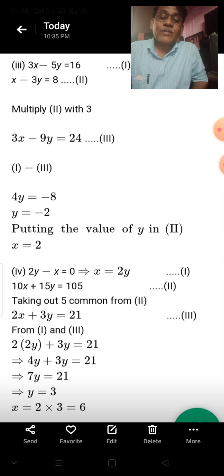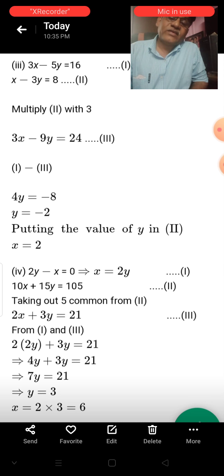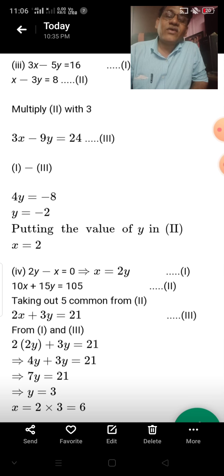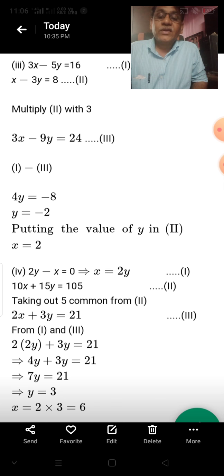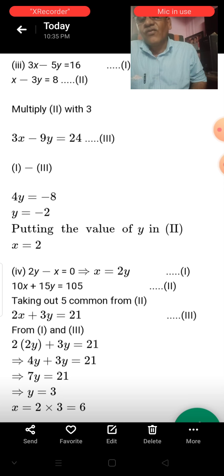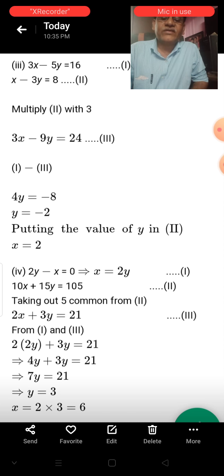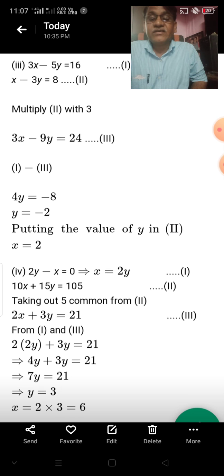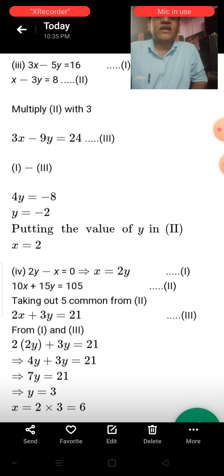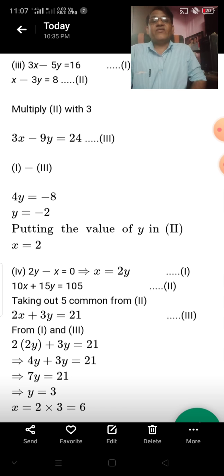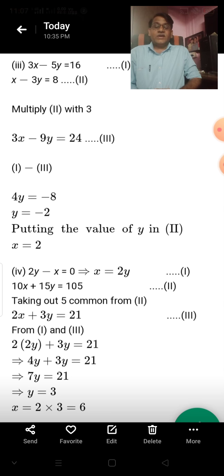Therefore 4y + 3y = 21, 7y = 21 and y = 3. Now substitute this value in equation 1. Then you get x = 2 × 3 = 6. So the value of x is 6 and the value of y is 3. The solution is 6 and 3. In this way you can find the values of x and y.